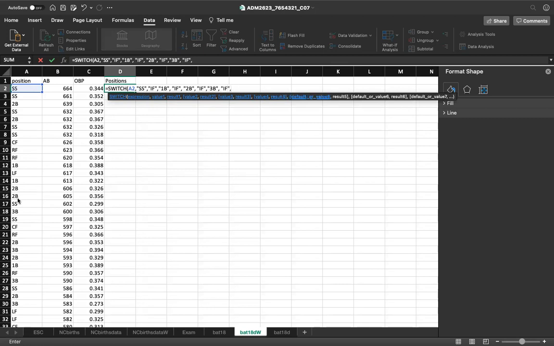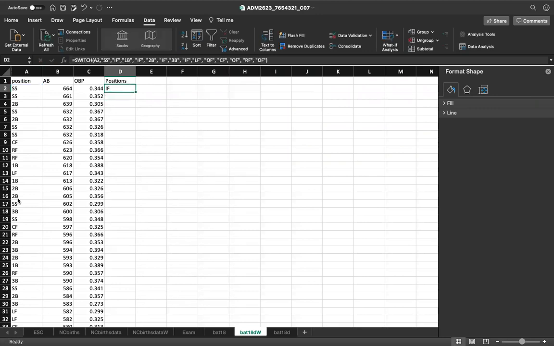And LF, CF, and RF. LF is referred to as outfielder. CF referred to as outfielder. RF referred to as outfielder. And we close it.